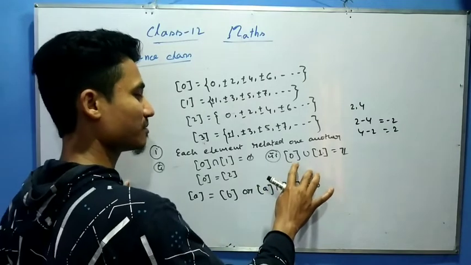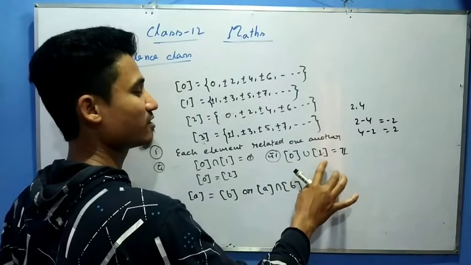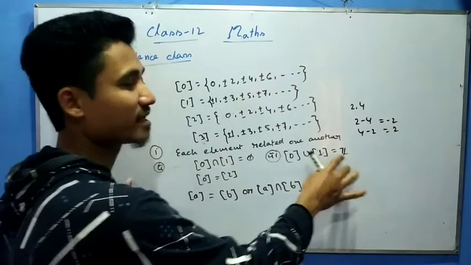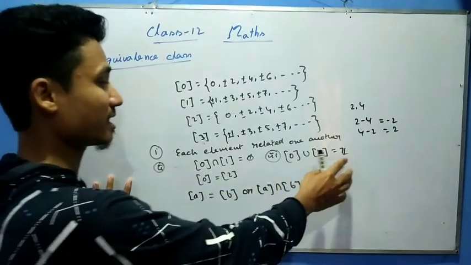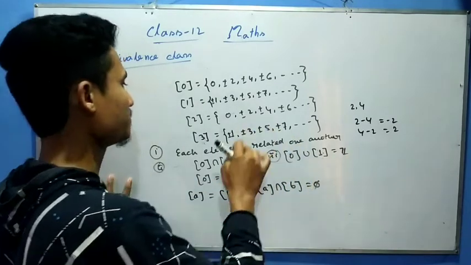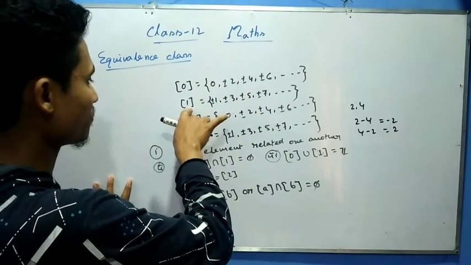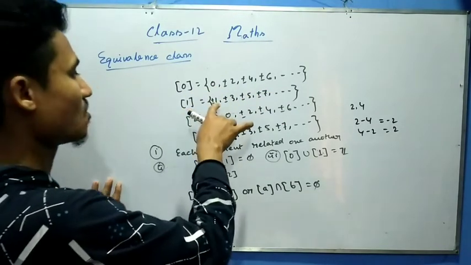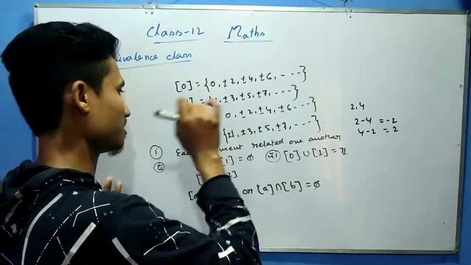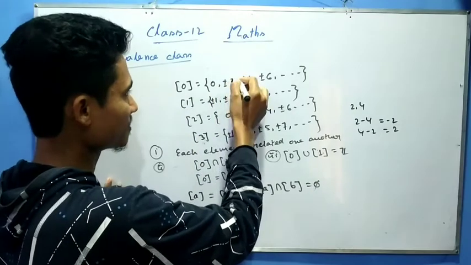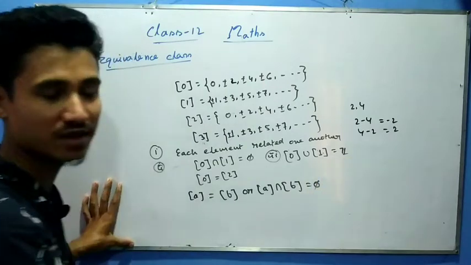And the third property we have seen: the union of the equivalence class of 0 and the equivalence class of 1 gives you the entire set of integers. Why? The equivalence class of 0 contains all even numbers, and the equivalence class of 1 contains all odd numbers. So if we take their union, it gives you the set of integers.